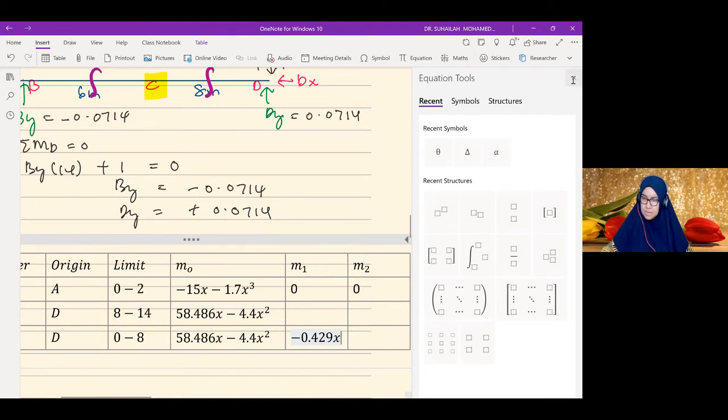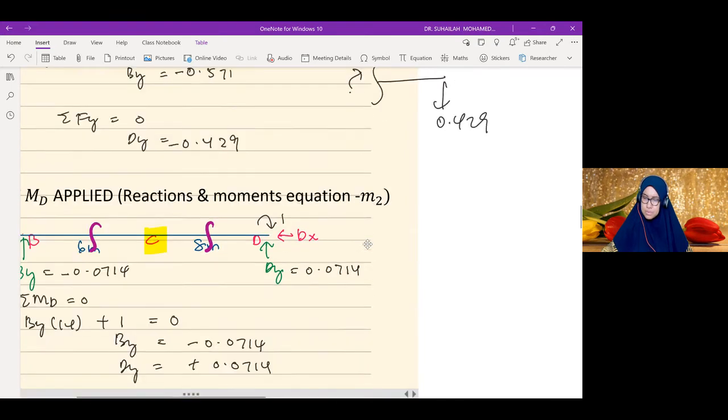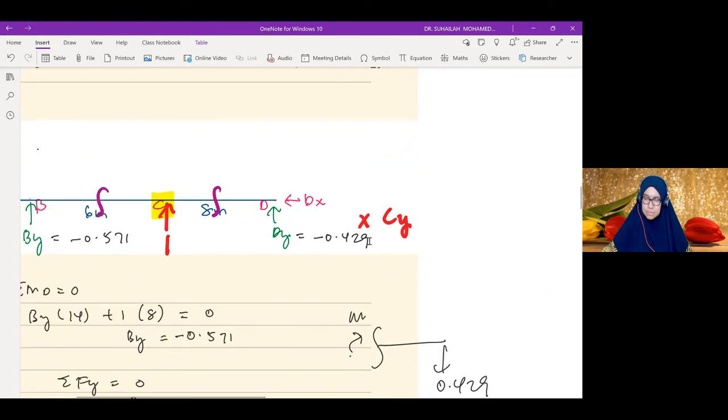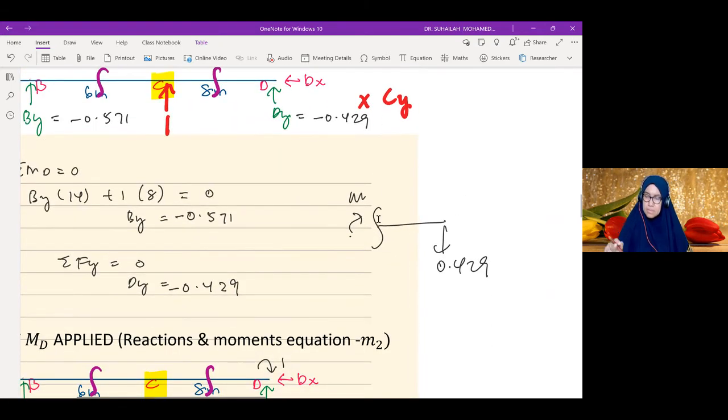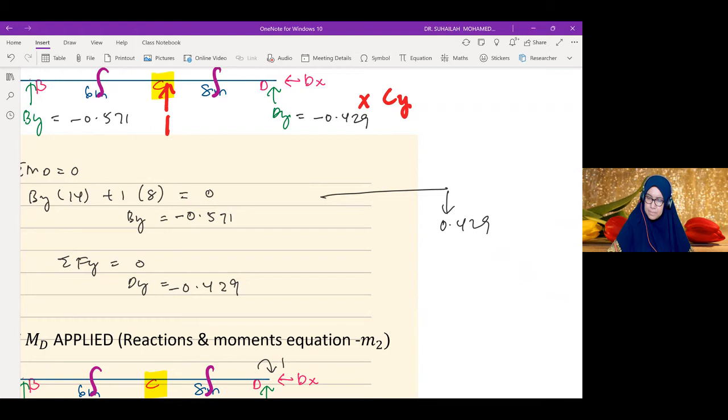Okay, and for another one, we get this 0.429. This is 1. This is 8.